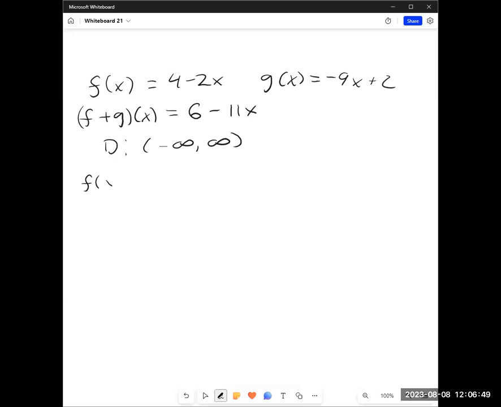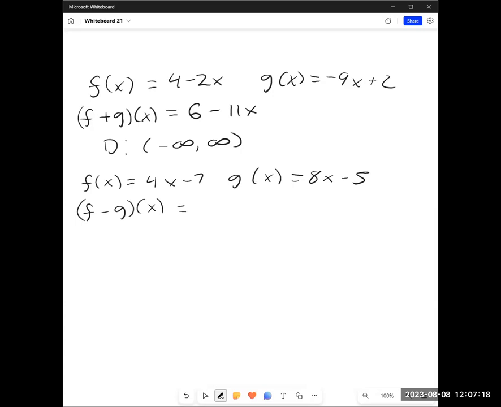Let's now look at f of x equal to 4x minus 7, and g of x equal to 8x minus 5. And we're going to find f minus g of x. The reason we're starting off with linear functions for all these first four examples is because linear functions are not going to have any restrictions on them.